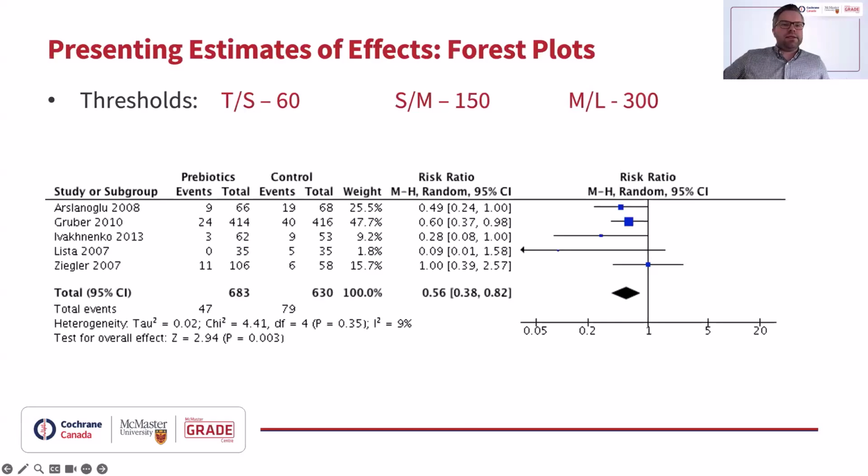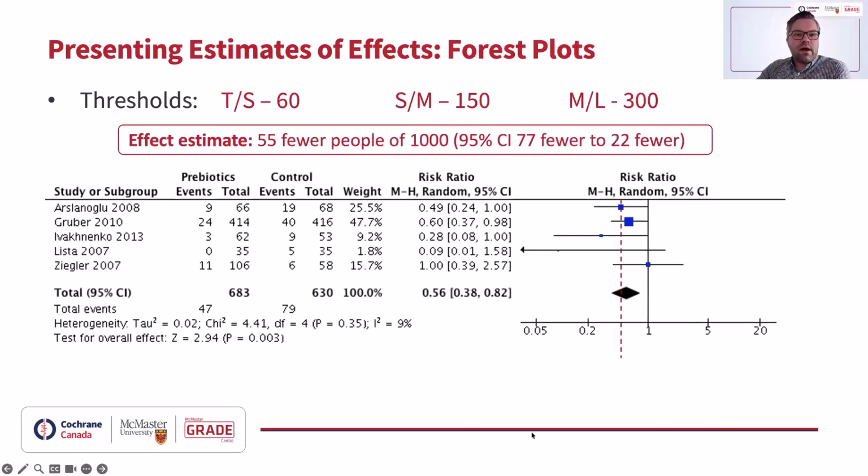And now you can imagine we can apply this back to the forest plot. So here are thresholds, 60, 150, and 300 fewer events or more events per 1,000 people. Here again, we assume that the thresholds for benefits and harms are symmetrical. And we recall that our effect estimate of 55 fewer people per 1,000 is here, corresponding to our risk ratio of 0.56, and the 95% confidence interval is 77 fewer to 22 fewer.